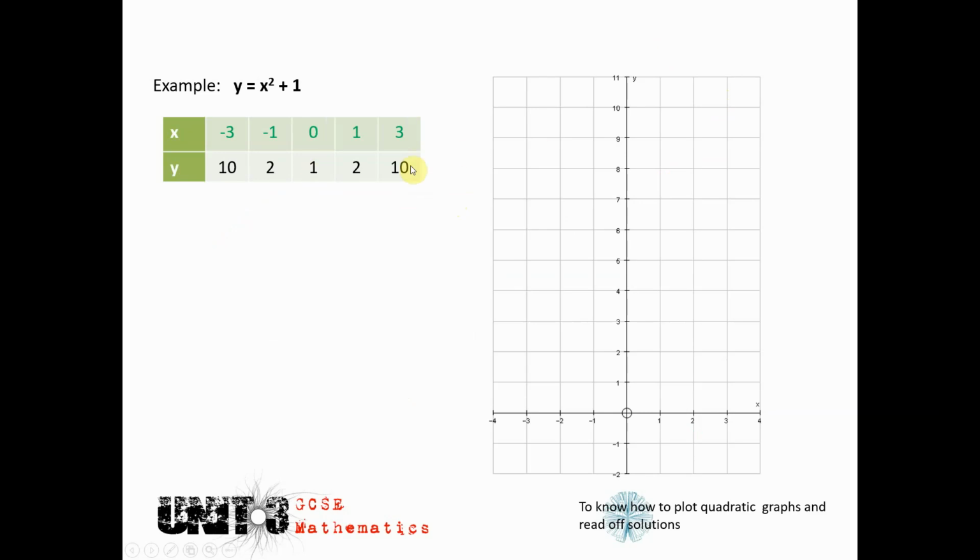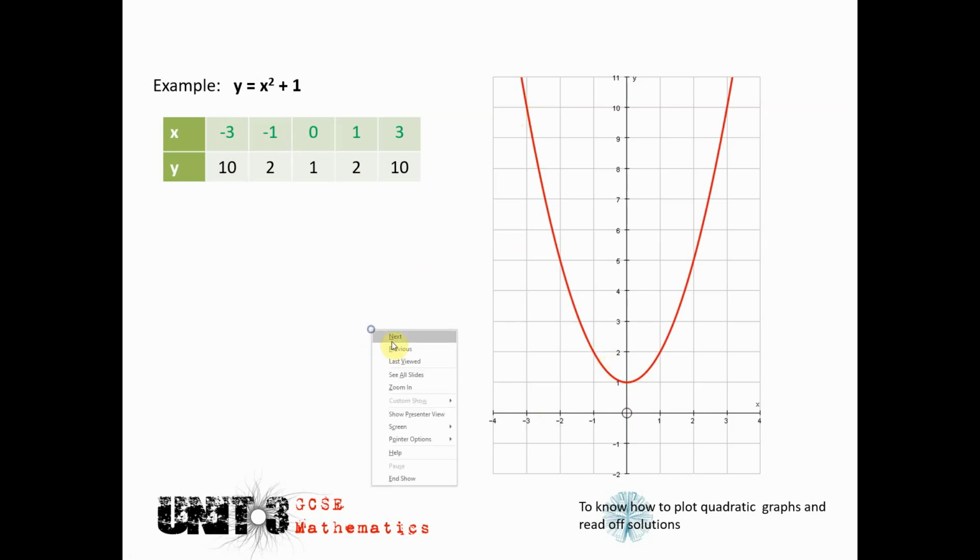And then when we go and plot this, this is our table from the previous slide, we just want to plot the coordinates. So this is the coordinate minus 3, 10. I would go minus 3 across, 10 up, and you can see we've gone through that intersection there. I'd have put a cross there. Minus 1, 2, I'd have put a cross here. So actually I think I might draw the crosses on. Pointer options. Pen.